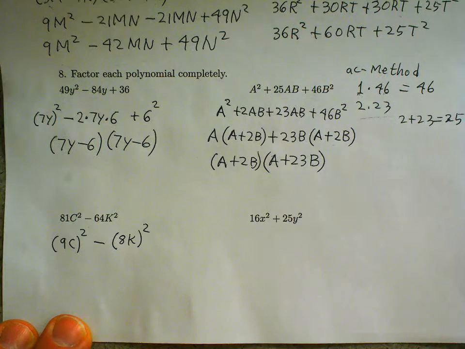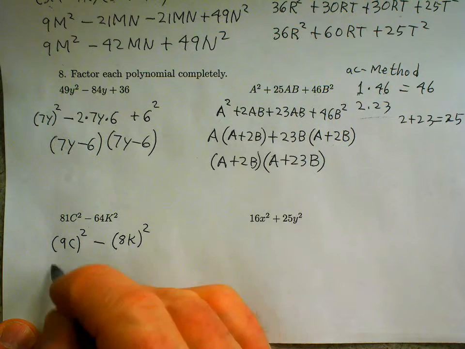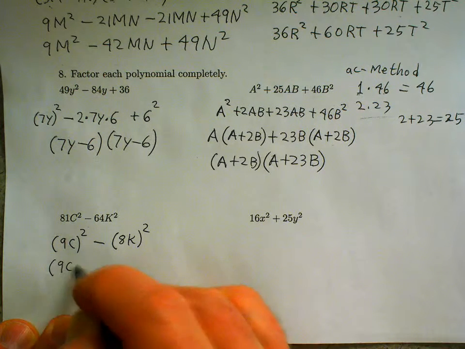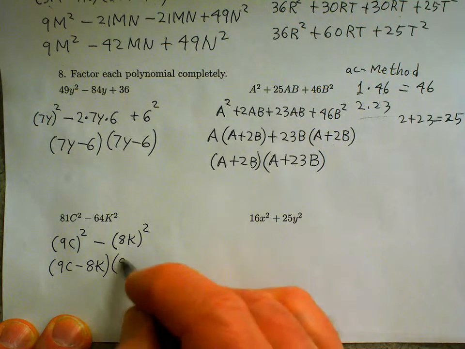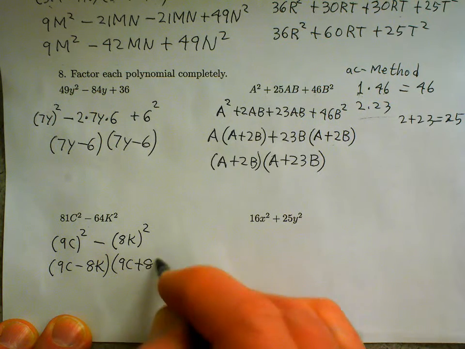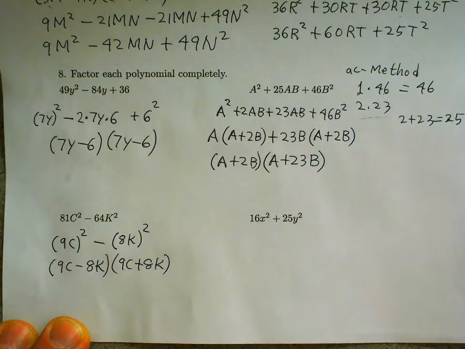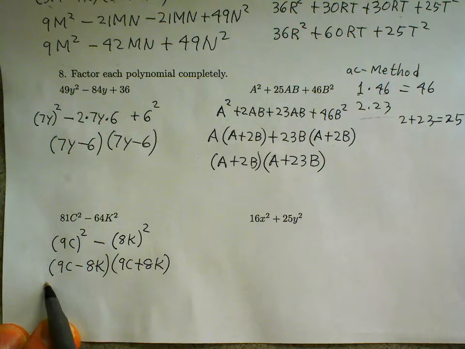And then the difference of squares, one factor is 9c minus 8k. The other factor is 9c plus 8k. And check by multiplying if you are in doubt.